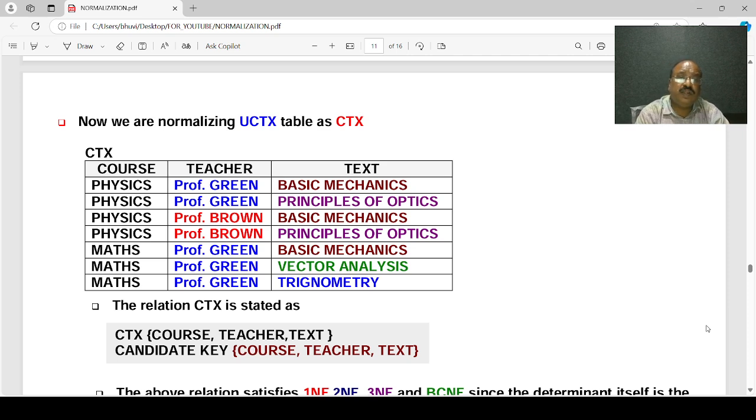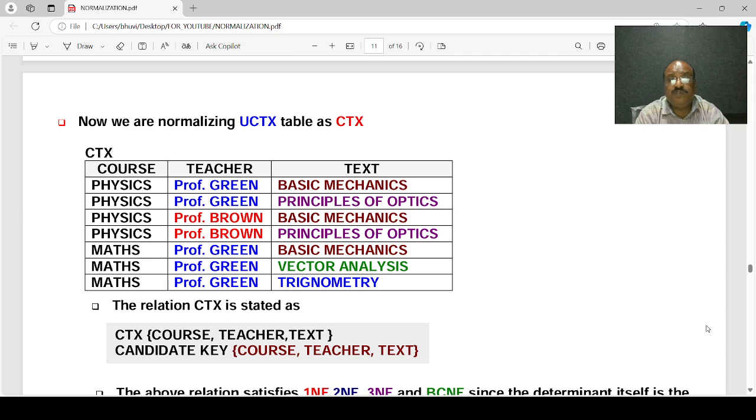Let me check whether the candidate key is possible with the relation. First of all, physics, Professor Green, basic mechanics: no row is repeated. Physics, Professor Green, principles of optics: no rows are repeated. Physics, Professor Brown, basic mechanics: no rows are repeated.